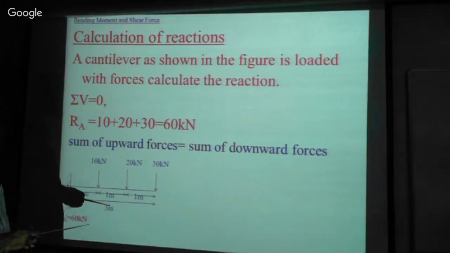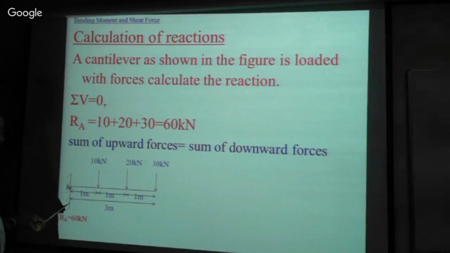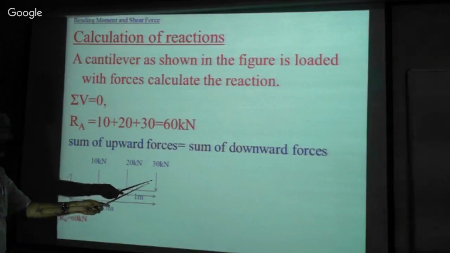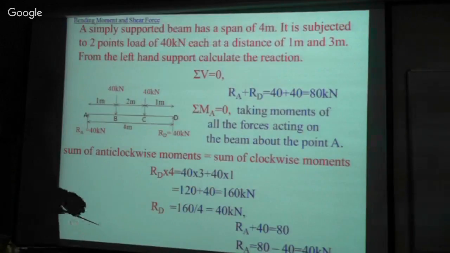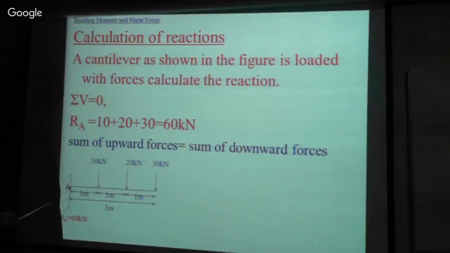Now we have discussed how to calculate the reactions. Here one is the support, and the other three are point loads acting on a cantilever beam. How to calculate this we have discussed in the previous class. Please kindly go through this. Now there is only one support here and there are 3 point loads.